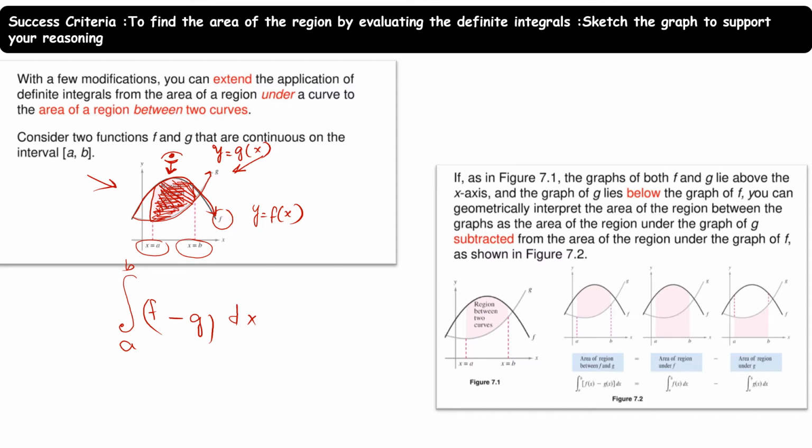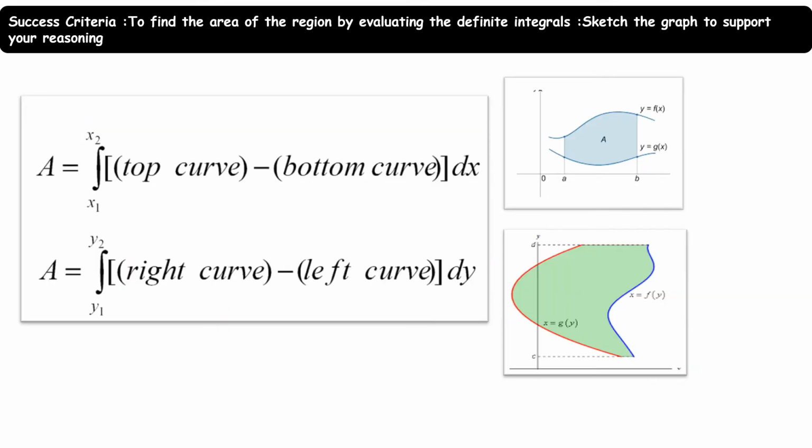Look at the figure one more time. If we keep our eye on the top, the first curve you focus on is y equals f of x. So the top curve minus the bottom curve, because the bottom curve is y equals g of x.